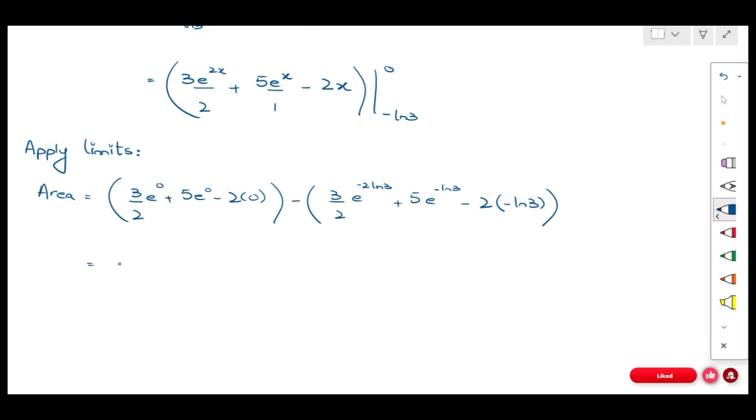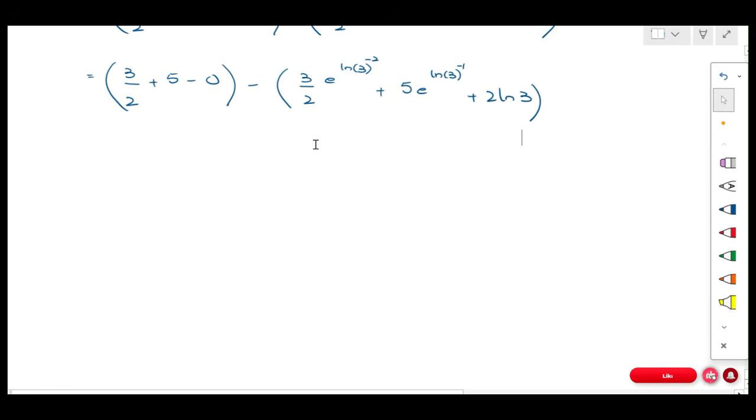Here e to the power 0 is 1, so 3 by 2 plus 5 minus 0, since 2 times 0 is 0. Then e to the power of minus 2 natural log of 3: the coefficient comes into the power of the log. So 5 e to the power natural log of 3 to the power negative 1, so it's minus 1. So this is plus 2 natural log of 3.